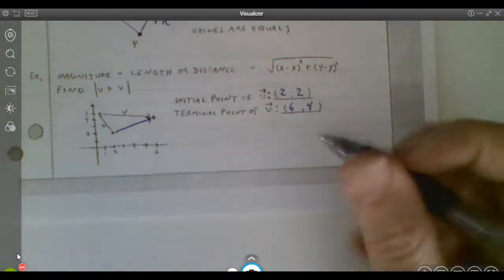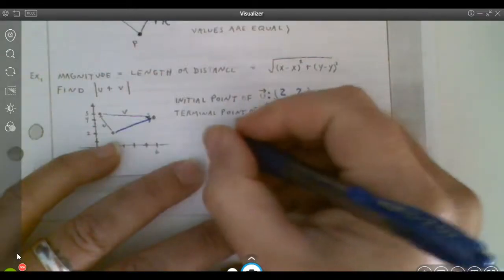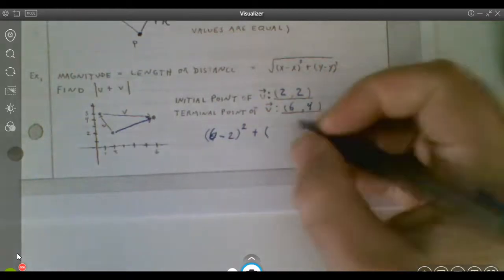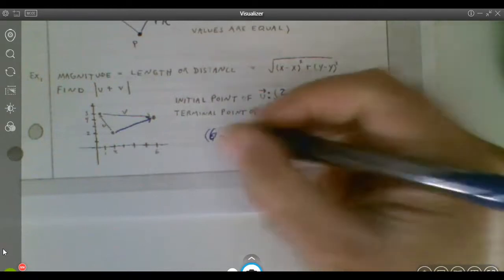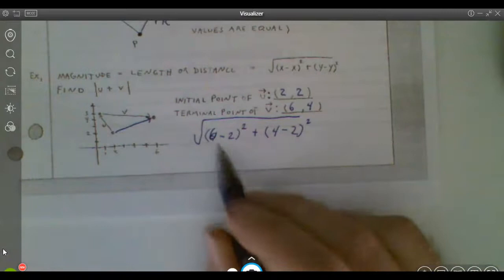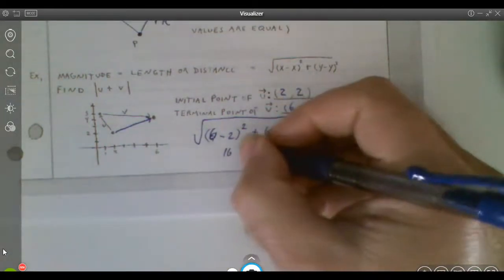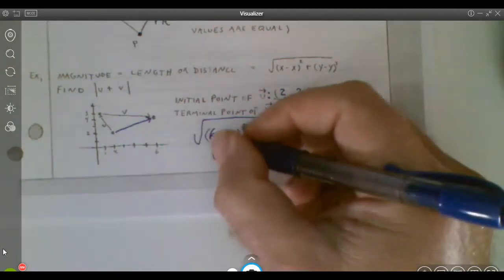So if we throw those into our distance formula, I'm going to do x minus x squared plus y minus y squared, all under a radical. You guys are all super familiar with the distance formula. So if we do a little cleanup, 6 minus 2 is 4, 4 squared is 16, 2 squared is 4, so rad 20.